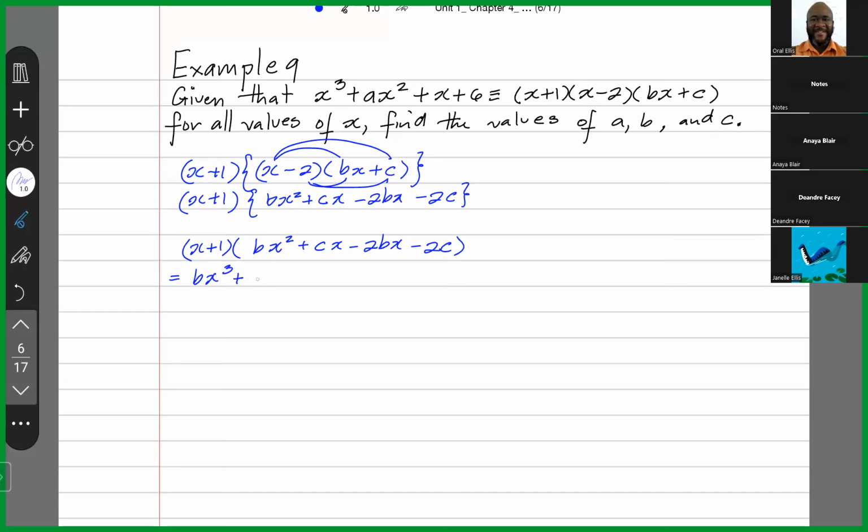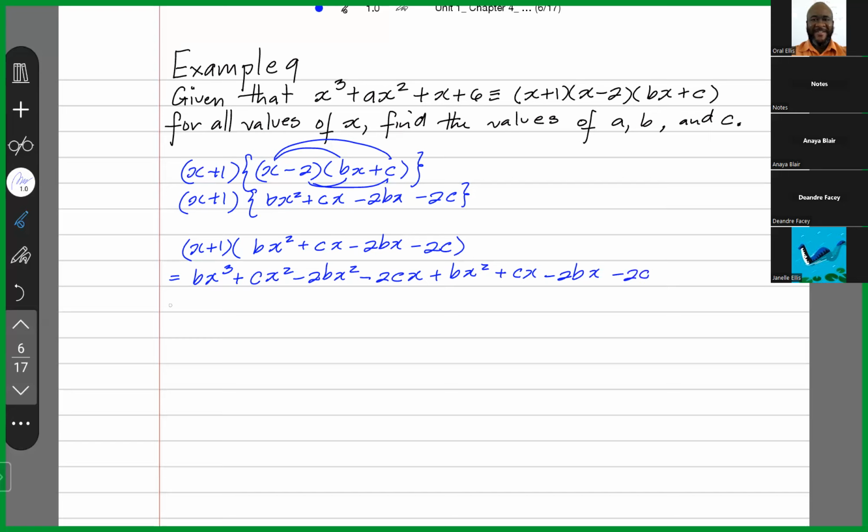Then we have x times cx is cx squared, minus 2bx squared, minus 2cx. Multiply all the terms on the right by 1. So we have what? bx squared plus cx minus 2bx minus 2c.